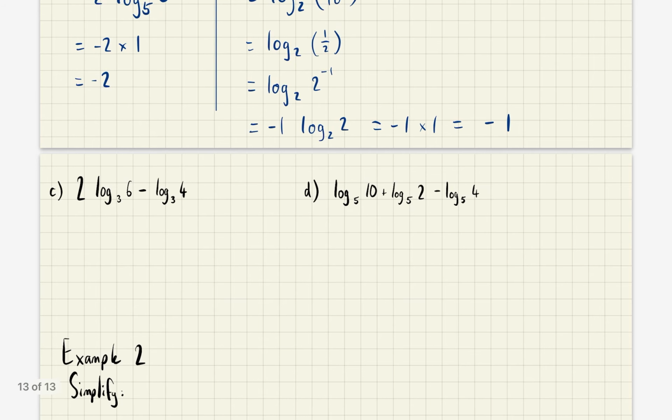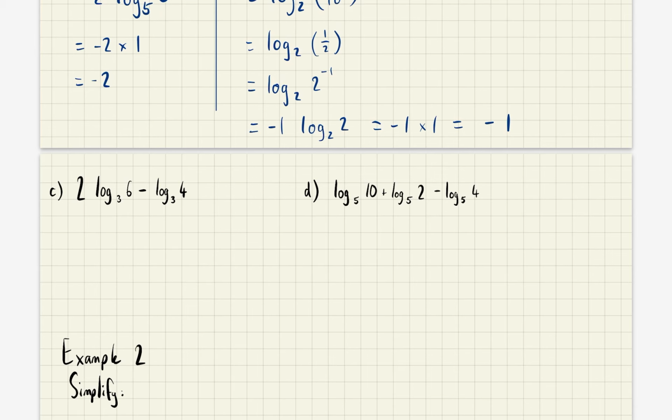All right. Now for C, we've got something similar, but you'll notice there's one thing here, we can't just do the quotient law straight away because this 2 is stuffing things up. If it wasn't there, we'd be able to do log base 3 and then do 6 over 4.